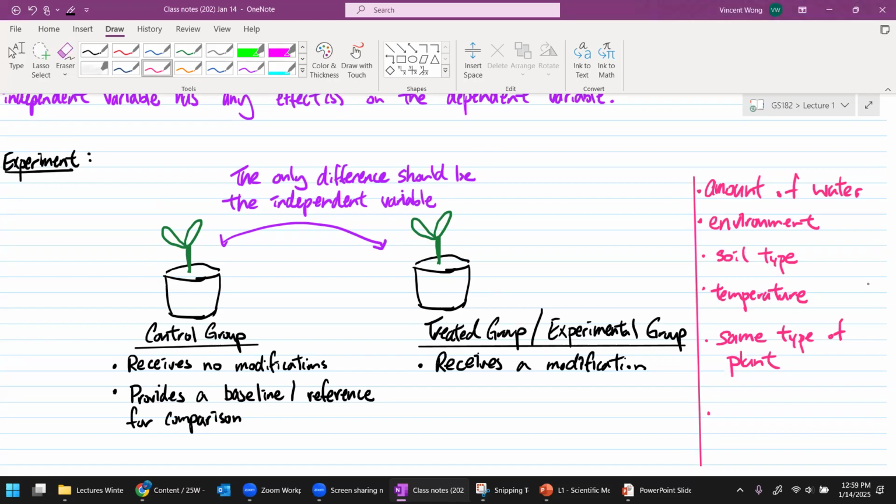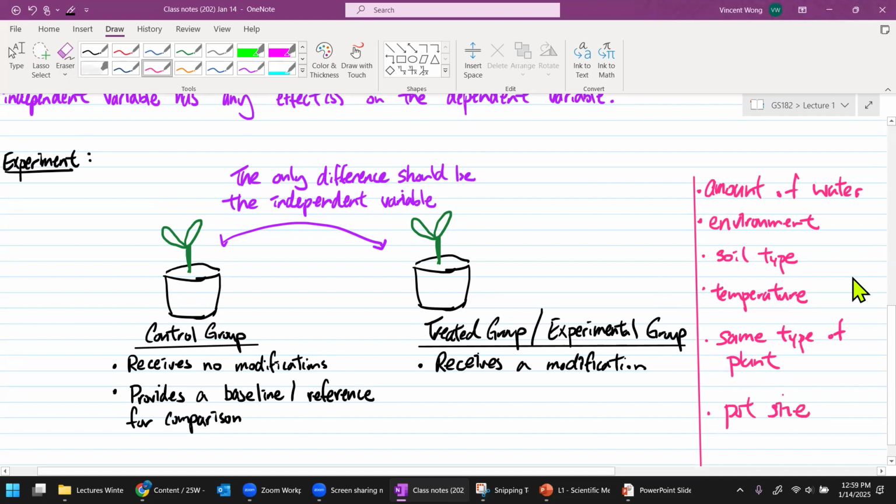Exposure to the light. That actually would be our independent variable, though, right? That's the one thing we don't want to be the same. One more. Yeah. Maybe the pot that it's in. Sure, yeah. Pot size.